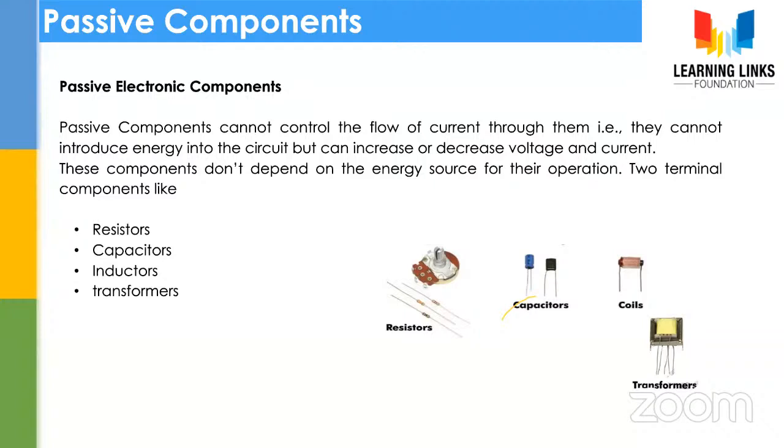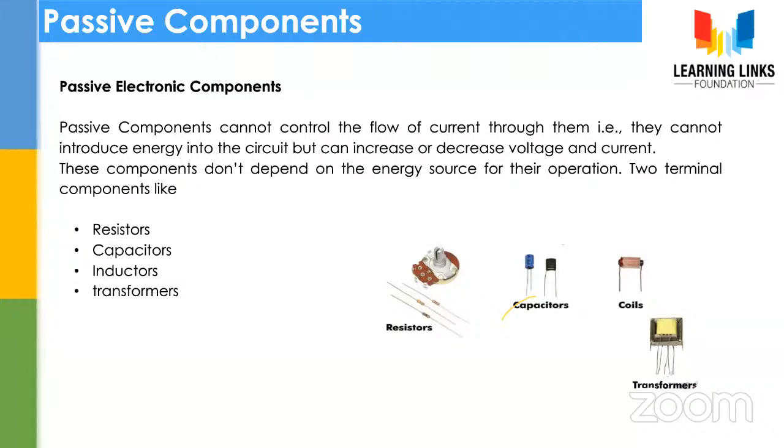Passive components cannot control the flow of current through them, and cannot introduce energy, but can increase or decrease voltage and current, okay. These components don't depend on an energy source for their operation. These are the two-terminal devices: resistor, capacitor, inductors, and transformers, okay.